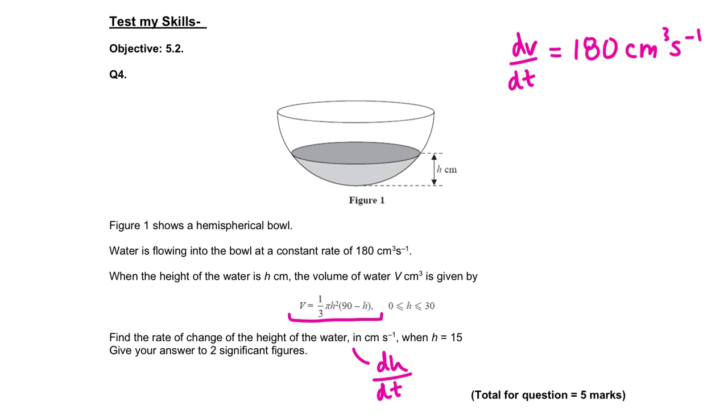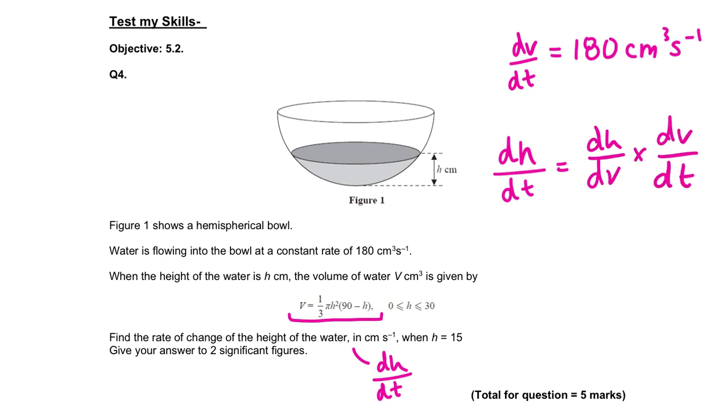So I want dh/dt. So dh/dt can be formulated by, what do I need? What do I already have here? V. I want h and t, so V is the uncommon one, right? So I'm going to need dh/dV multiplied by dV/dt. This is what I need, okay?